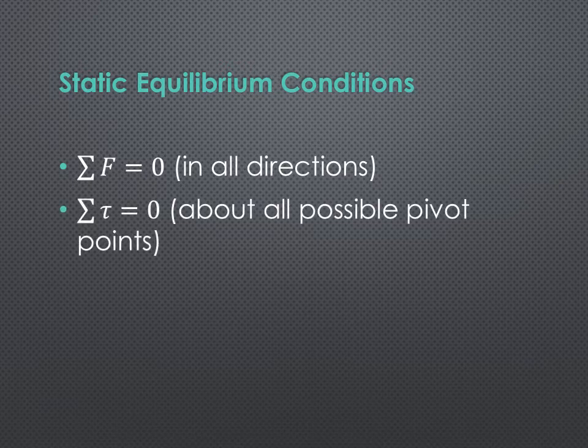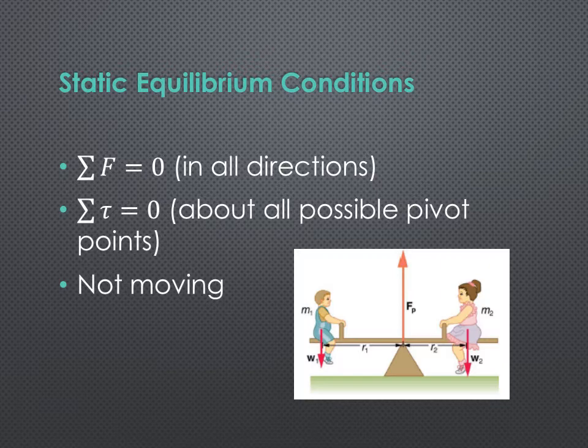The net torque has to also equal 0, and this is about all possible pivot points. And because it's static equilibrium, the object and system need to not be moving. An example of an object in static equilibrium is two children sitting on a seesaw, and you'll notice they are not at the same distance from the pivot point, okay?